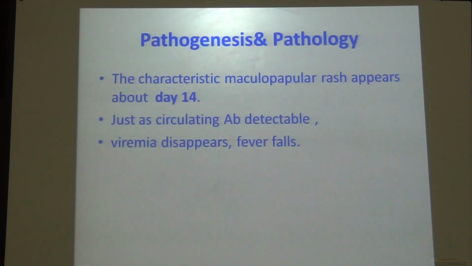Then the most characteristic feature of measles is the maculopapular rash, which appears about the 14th day of the disease, and it occurs just as circulating antibodies become detectable, and viremia disappears when the antibodies appear and the fever falls.